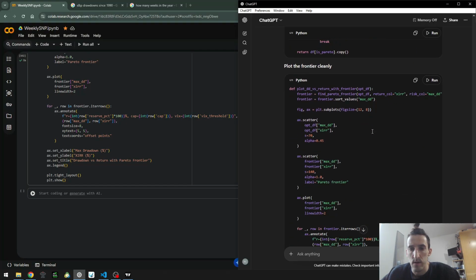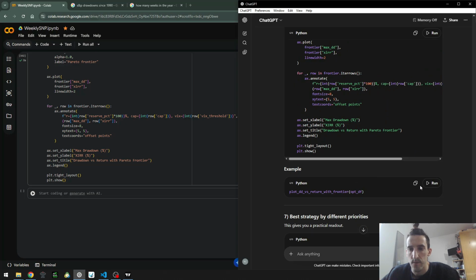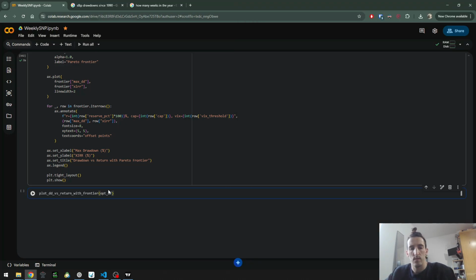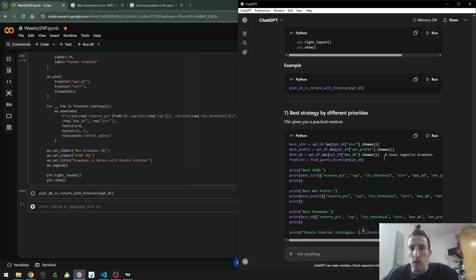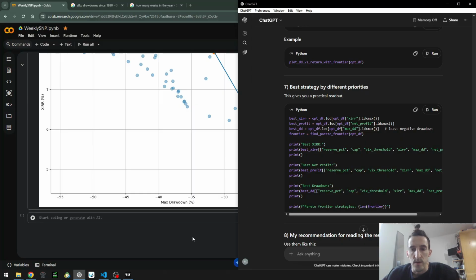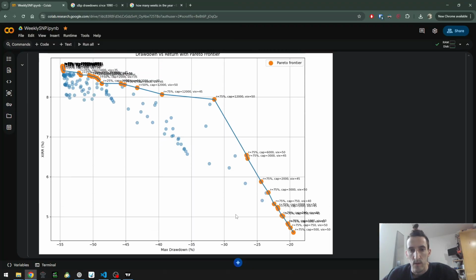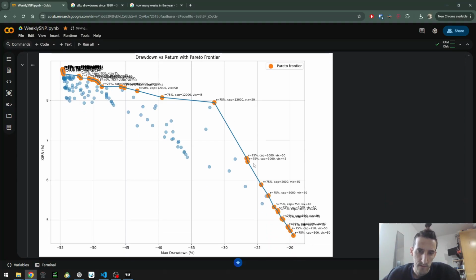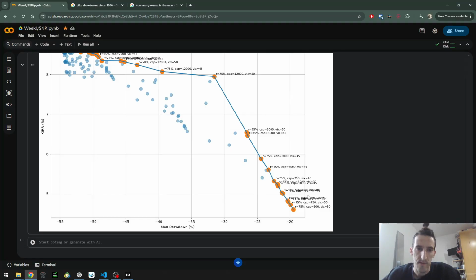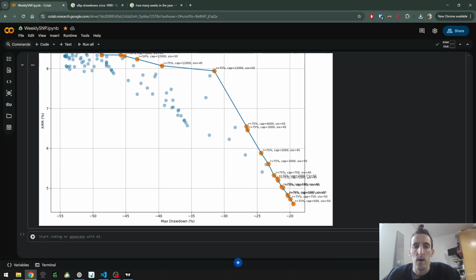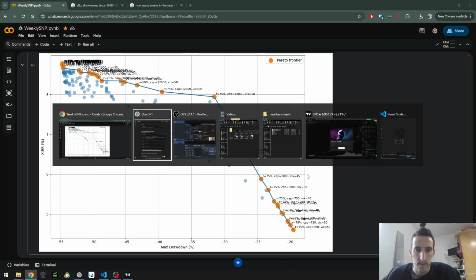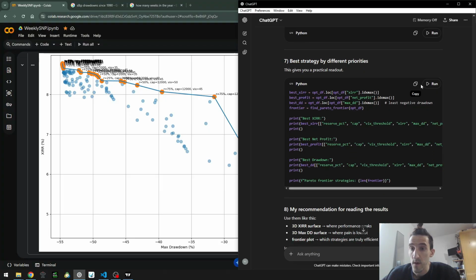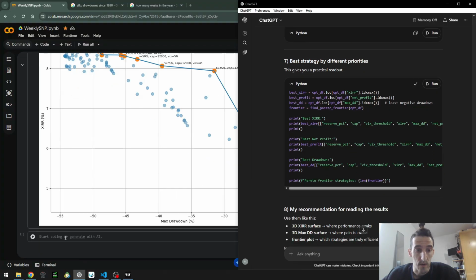Yeah, there it is. Strategy by different priorities. Execution has completed. Drawdown versus return with Pareto frontier. Yeah, those are different ways of showing the same thing that we spoke of earlier. Very cool. The strategy by different priorities.